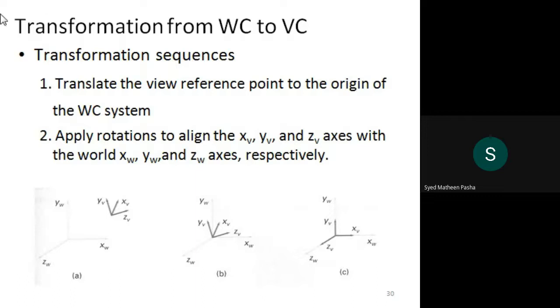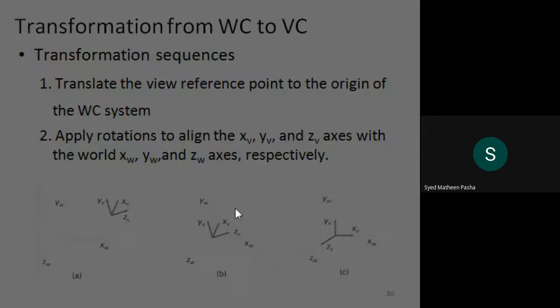So with respect to these viewing axes, these points are represented here, that is the world coordinate axes x, y, as well as z. Simultaneously, there are three different examples given for the transformation of world coordinates to viewing coordinates. It basically depends on which axis you are defining, whether x-axis, y-axis, or z-axis.